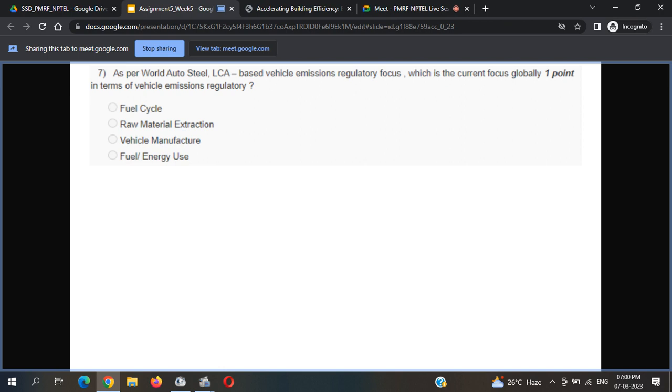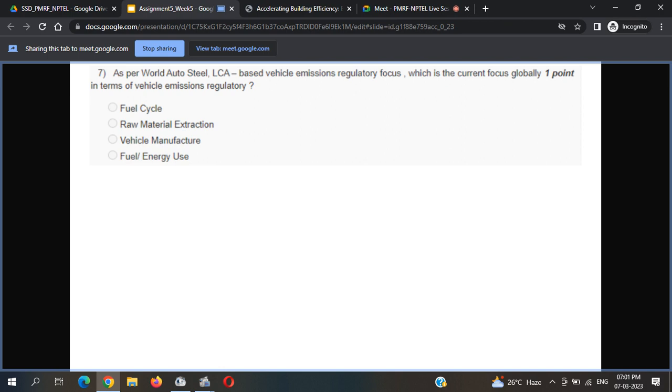So the next question is, as per World Auto Steel life cycle assessment based vehicle emissions regulatory focus, which is the current focus globally in terms of vehicle emissions regulatory?